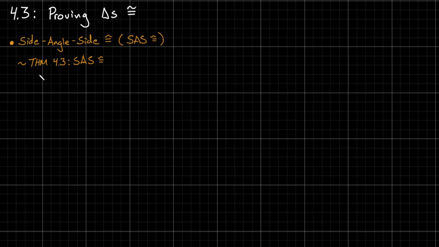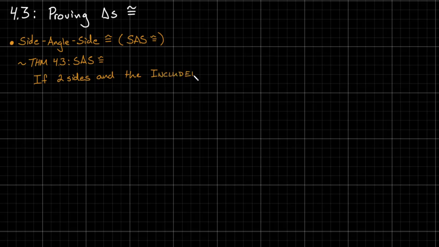Check it out. Our theorem, you guys are going to help me draw the picture. But we're going to say if 2 sides, and I'm going to sneak a word in here, the included angle, which we're not going to define right here, but we will see it.